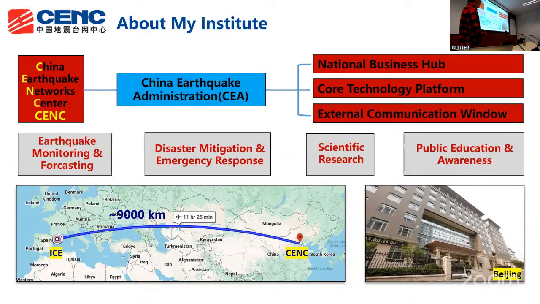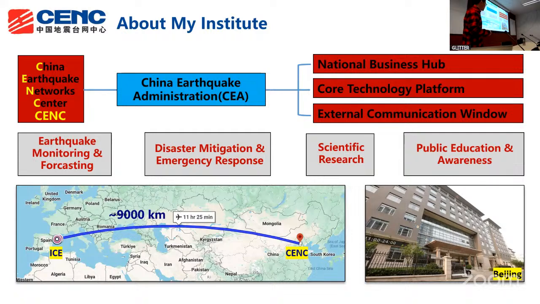The CENC is the national business hub, and also serves as a window for international exchange in seismology. CENC has 4 main functions: earthquake monitoring and forecasting, disaster mitigation and emergency response, scientific research, and public education and awareness.